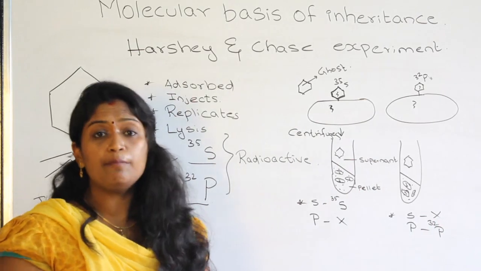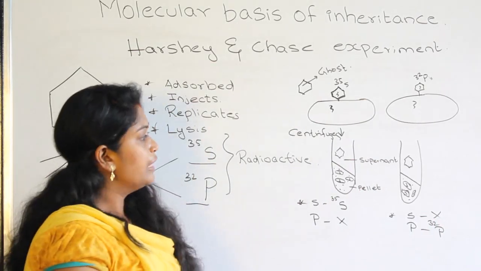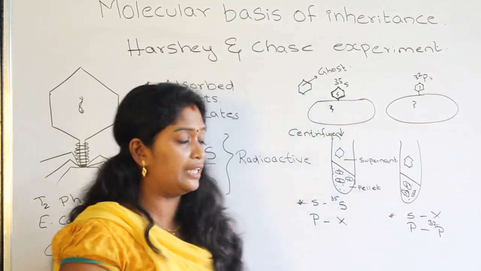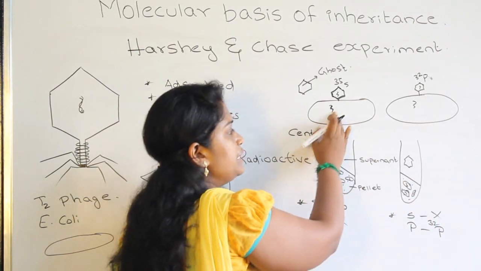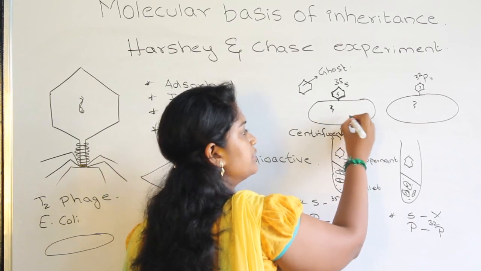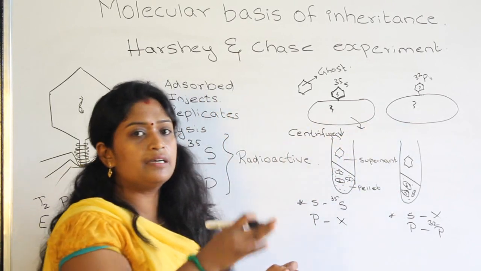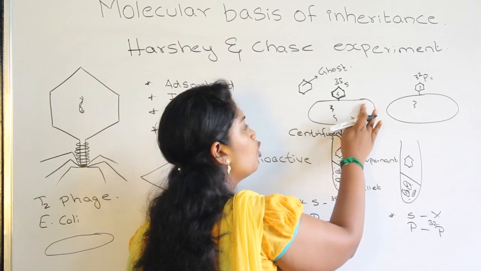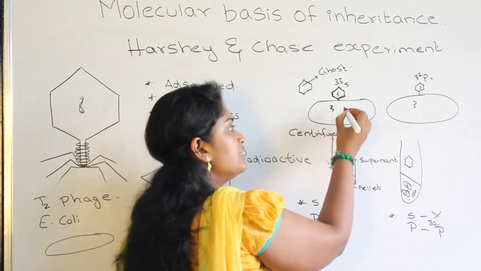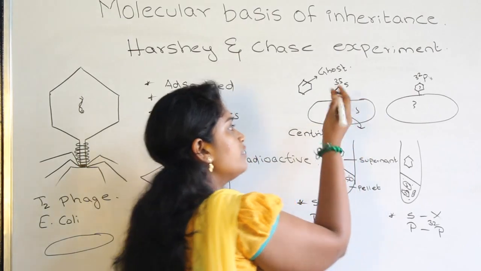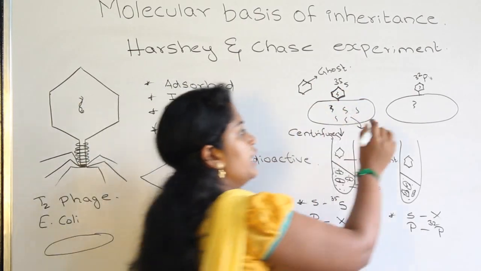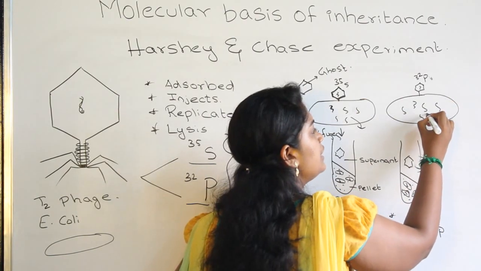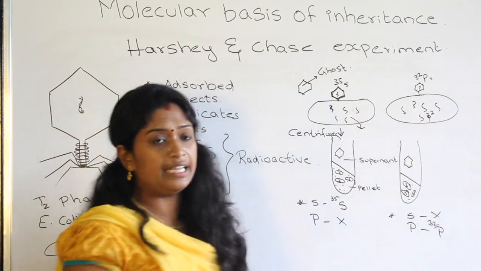So they came to the conclusion that since phosphorus 32 is incorporated into the DNA, once this is injected, the next step is replication. The DNA undergoes multiplication, and all the DNA material contained phosphorus 32.